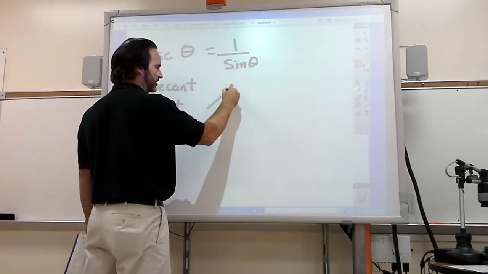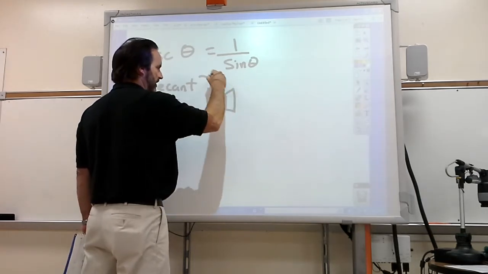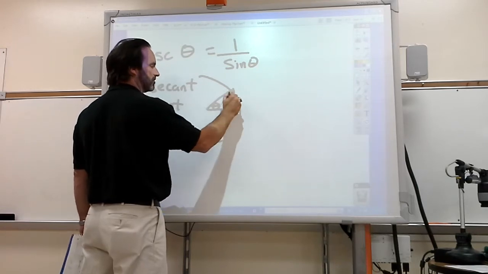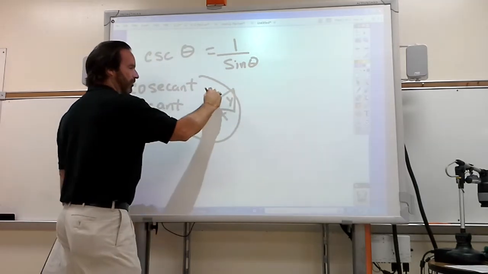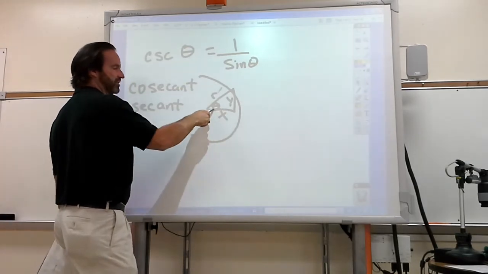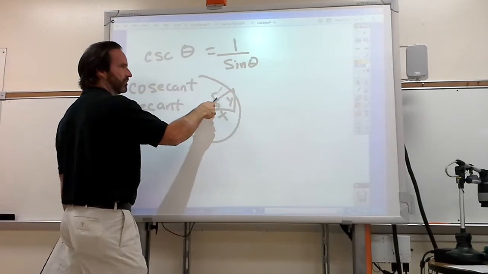And remember our unit circle that this thing's in here. That's my x, here's theta, and that's my y, and here's my radius. Remember sine is what? Opposite over hypotenuse.